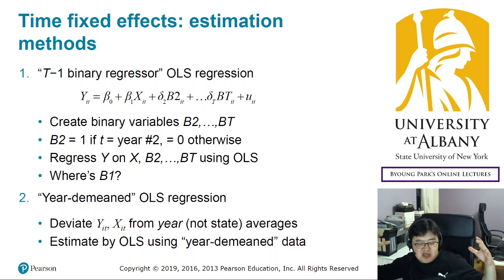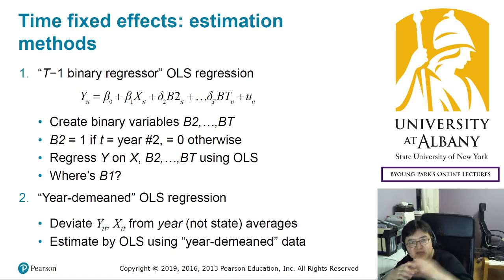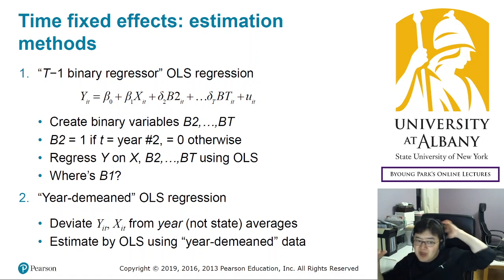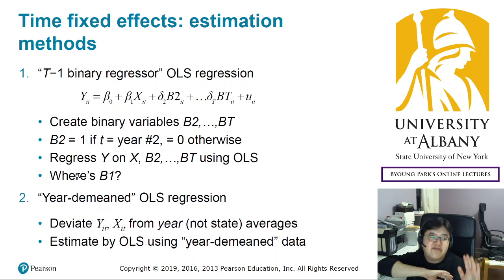Within a state, you observe 7 observations, so take the average over the 7 years. But now we are going to year demean. You subtract the average over the 48 states at a specific year.